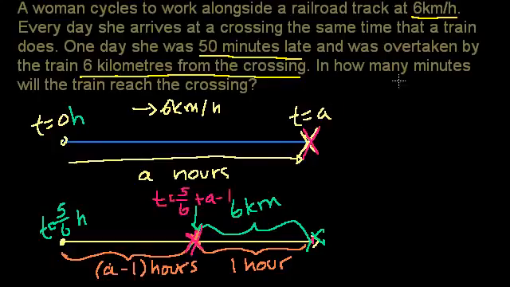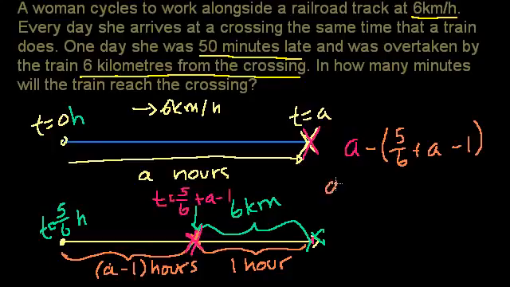So the minutes it takes, well, the hours, because we're dealing in hours. Remember, I said 50 minutes was 5/6 of an hour. So the time it takes is a minus 5/6 plus a minus 1, right? That's just the difference in time for the train in hours.